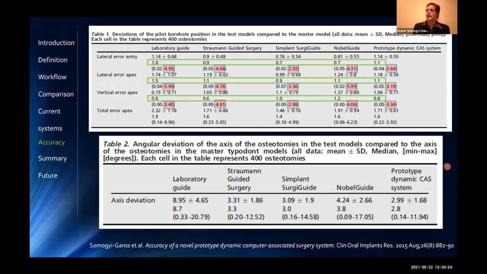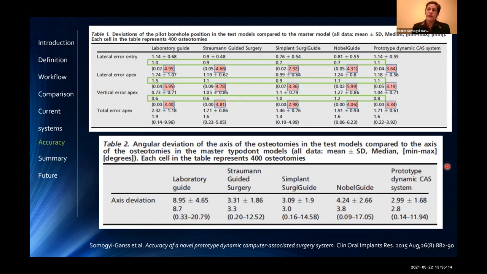The scary thing is that it doesn't matter which system we use, how accurate it is, there are always going to be a few outliers, and these are in millimeters. So if you can imagine that at its worst, any of these systems can be off by 3-4 millimeters, that's a little bit of a scary thought.